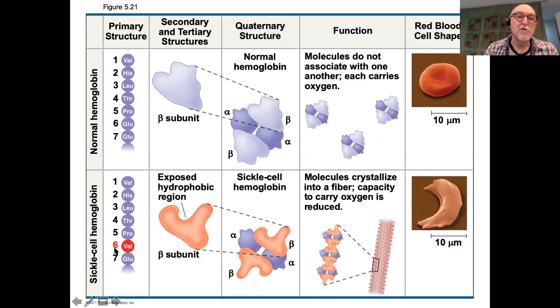When you introduce this single amino acid change, when the hemoglobin releases its oxygen in the tissues, instead of returning to a normal shape, it forms dense fibrils like this. It actually kind of crystallizes out inside the red blood corpuscle, and it collapses the blood corpuscle into this distinctive shape. That's where it gets the name sickle cell anemia.